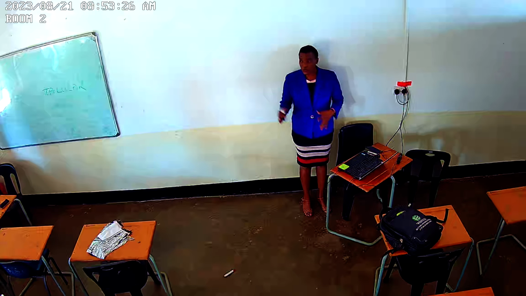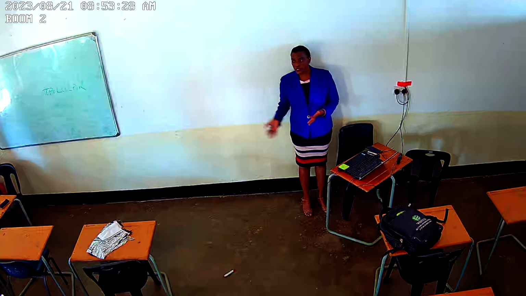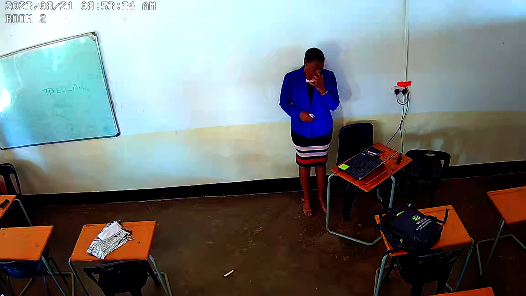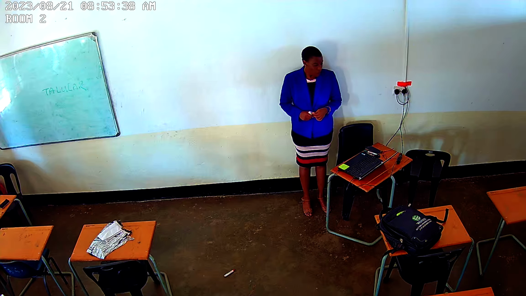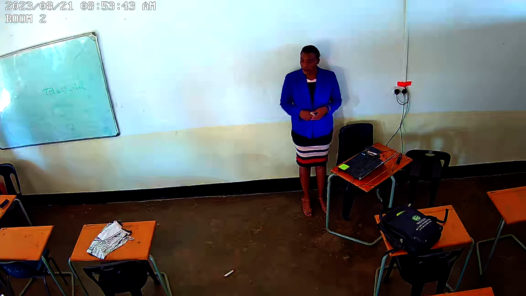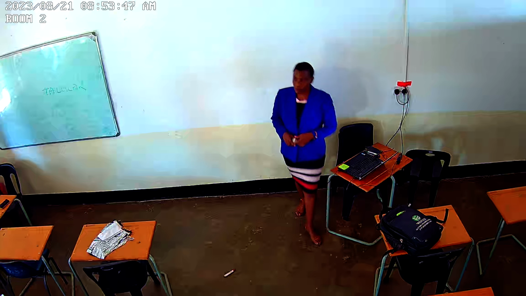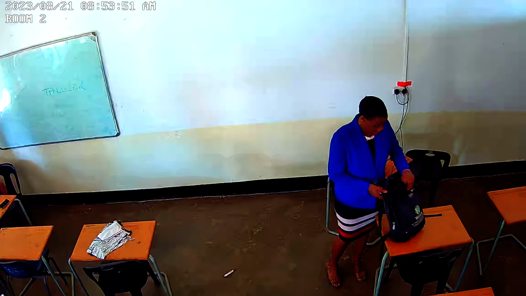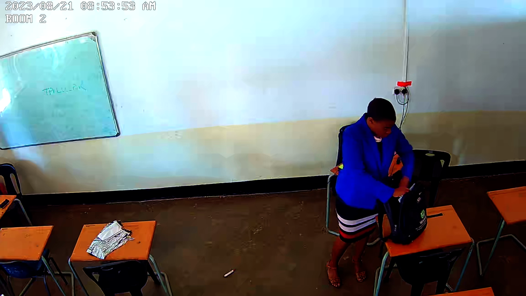So the child is able to relate concrete to abstract things or abstract to concrete things, whichever way. But this can only happen if you're using the local environment. Alright. The use of environmental visual aids also helps in bringing motivation within the learner.